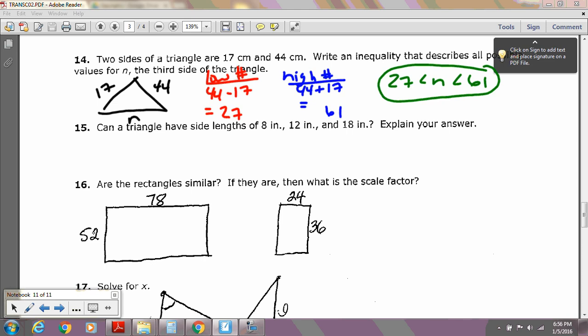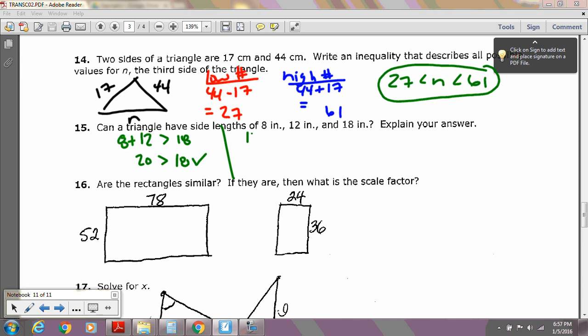Number 15 says, can a triangle have side lengths 8 inches, 12 inches, and 18 inches? And explain your answer. So on this one, I would take side 8, add side 12, and see if it's greater than 18. 8 and 12 make 20, which indeed is greater than 18. So that's true.